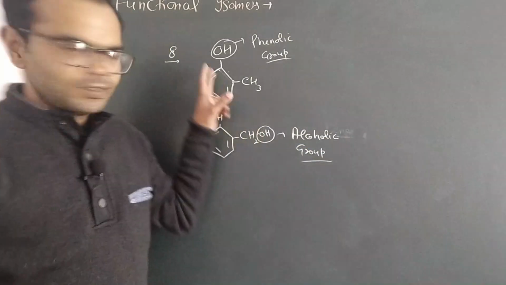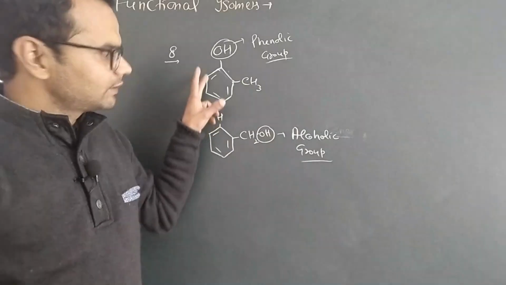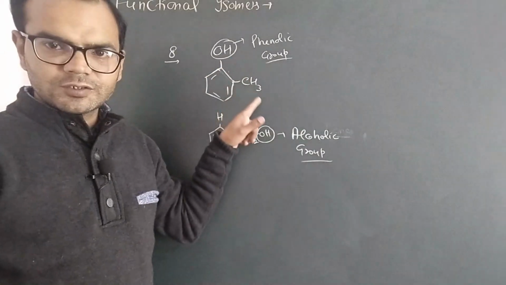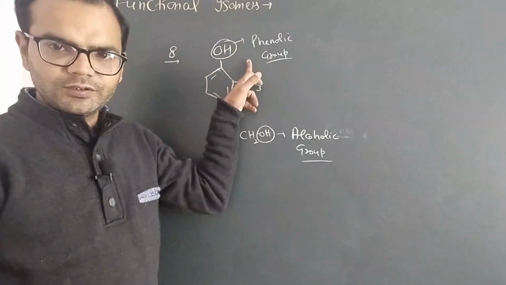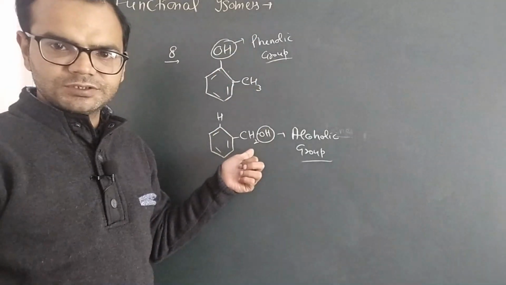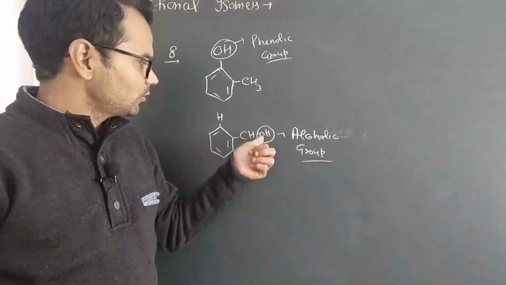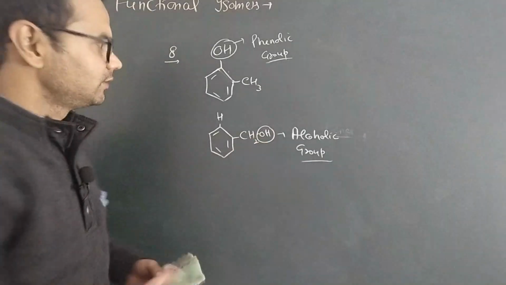We can see both have the same molecular formula, but two different functional groups arise now. One will show the characteristic feature of phenol, but this will not show the characteristic feature of phenol. It will show the features of benzyl alcohol.